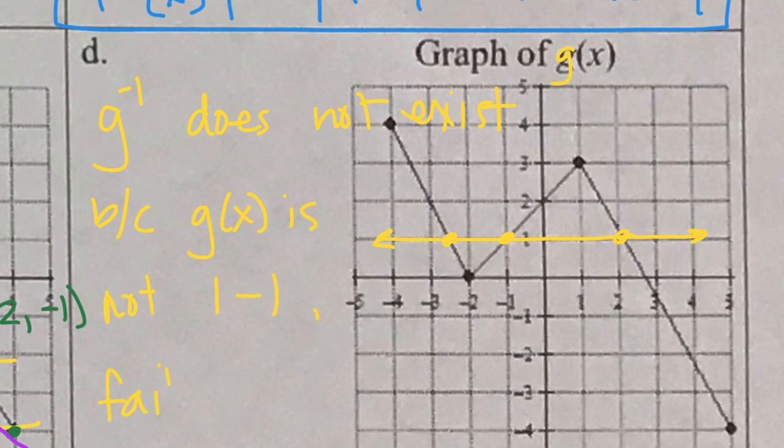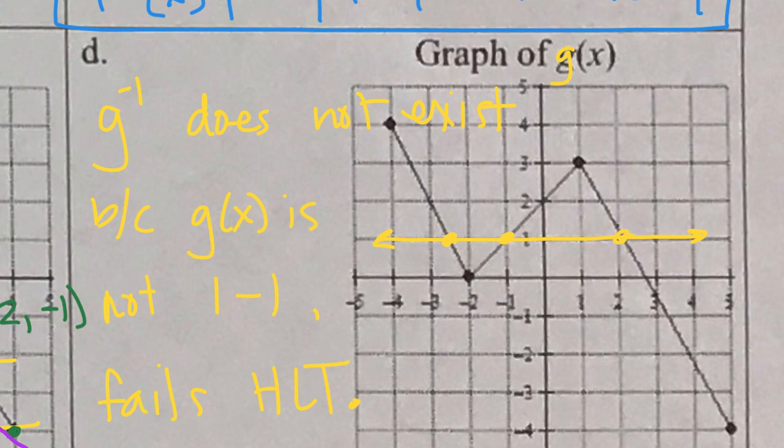It fails the horizontal line test. So it has no inverse function. The inverse is not a function because your graph is not a one-to-one graph, because it fails the horizontal line test. So there is our description.